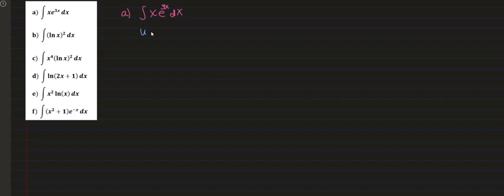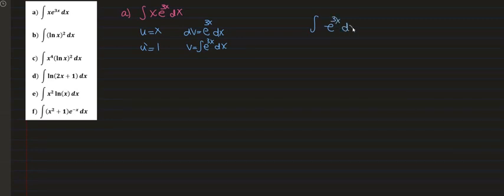So we will choose u as x and the dv as e to the power of 3x dx. And as we said that we need to differentiate u, so we will say u dash directly, its derivative is 1, and the v is the integration of the dv, so it's the integration of e to the power of 3x dx.